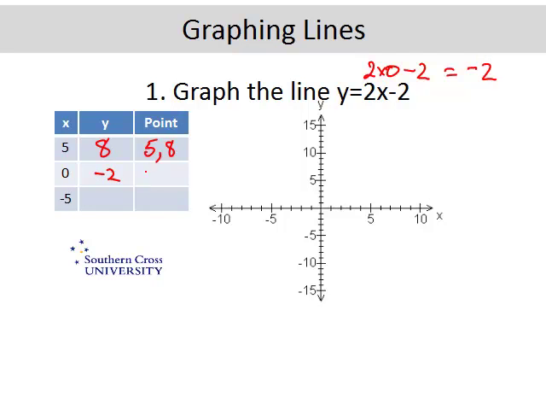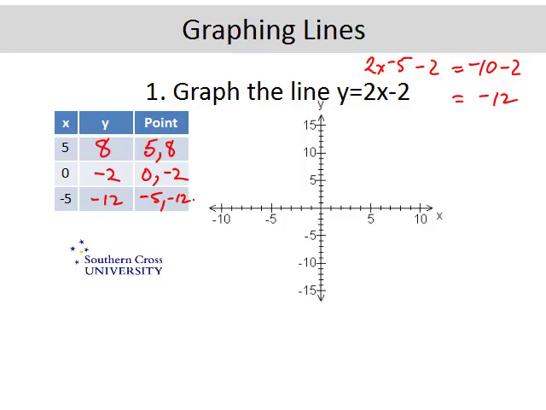So another point for the line is 0, -2. And if we substitute in -5, it will be 2 times -5 subtract 2, which is -10 take away 2, which is -12. So this gives us a point -5, -12.